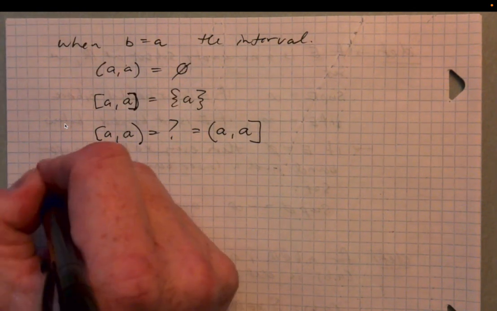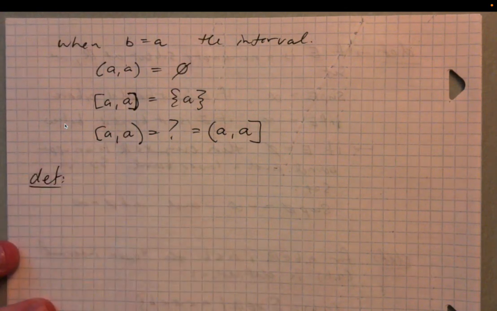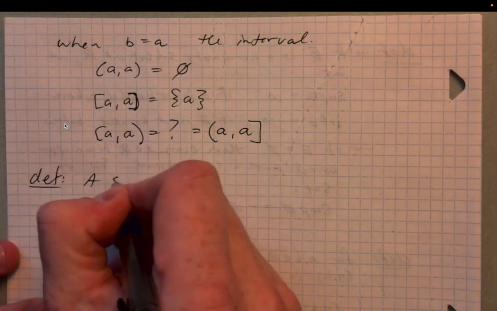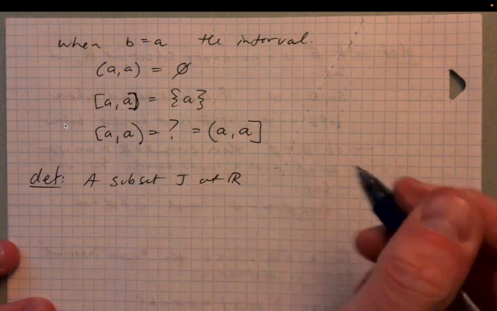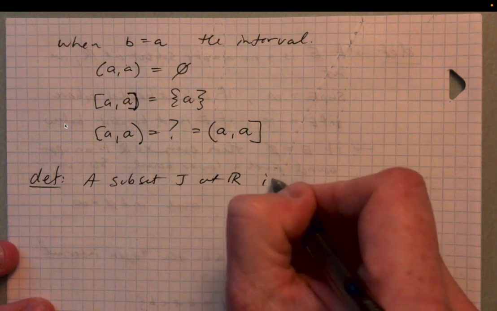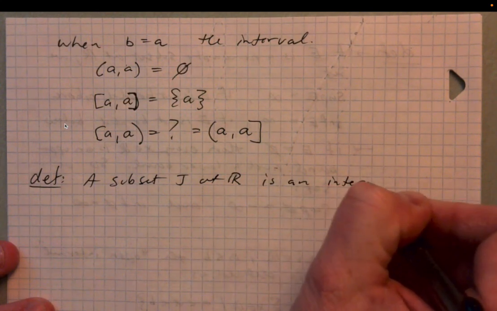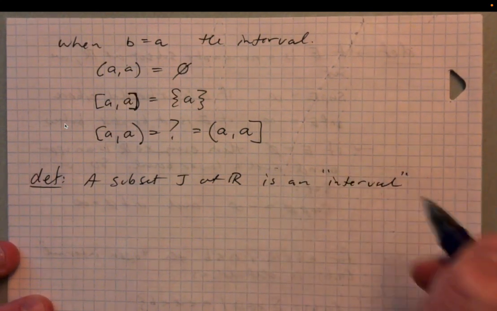Very good. Let's take a look at another definition here. A subset J of R is an interval. There are different ways to describe it. Here's another one.